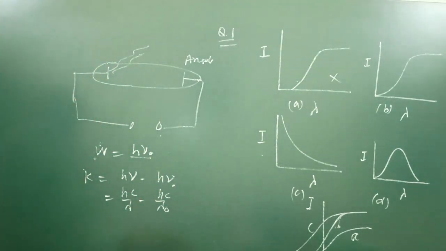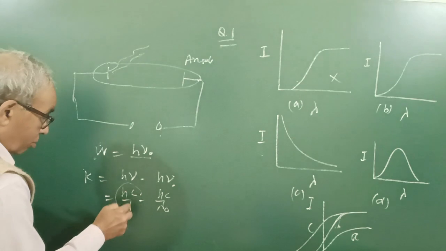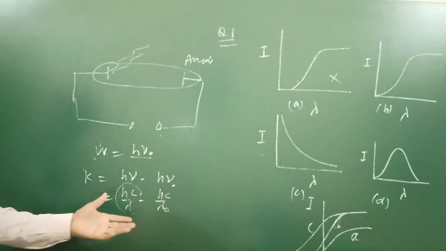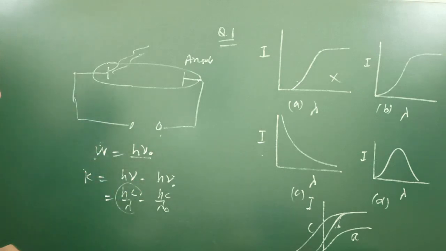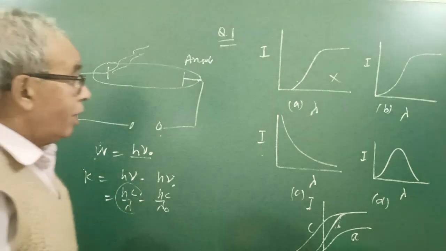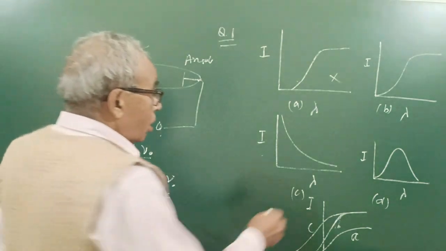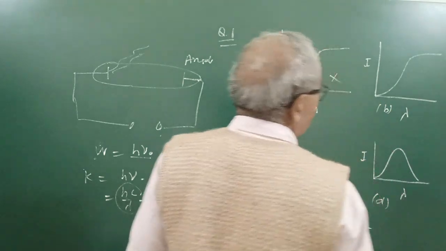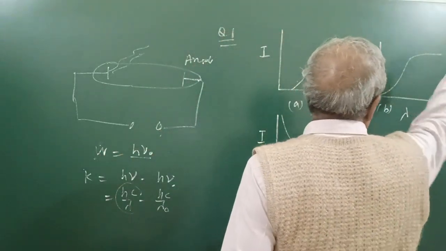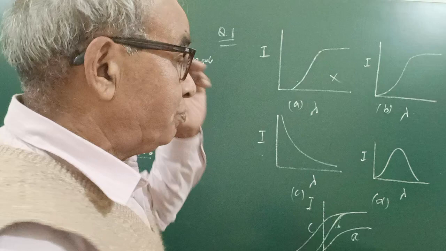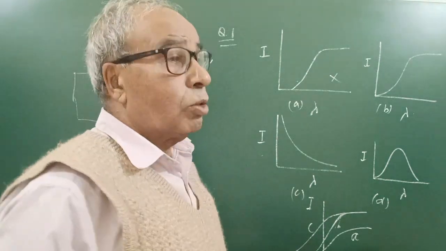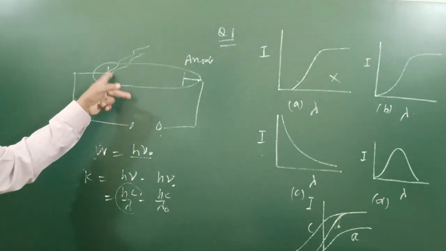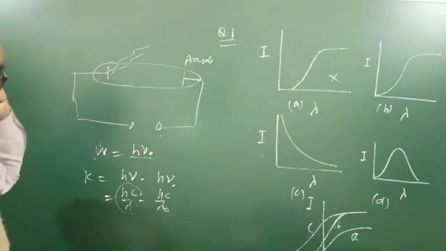As lambda increases, if this lambda becomes more than this, then the energy required to emit the electron will keep on decreasing and emission will stop. It is possible here. So here it is showing that on increasing lambda, current increases, number of photoelectrons increases, which is wrong.